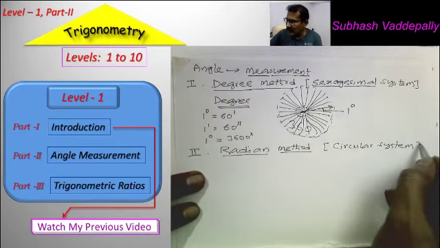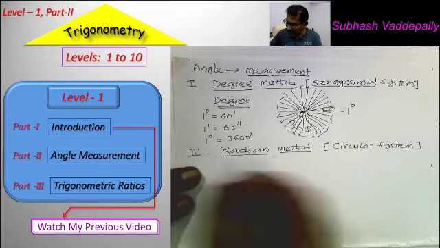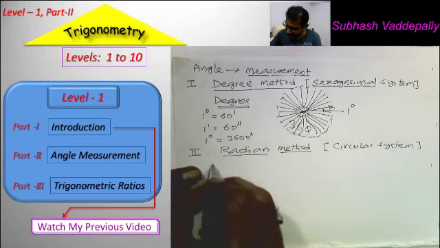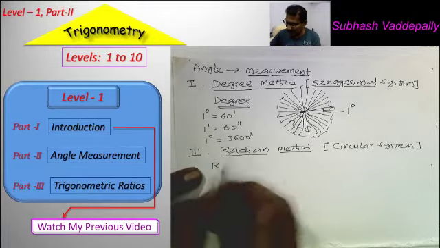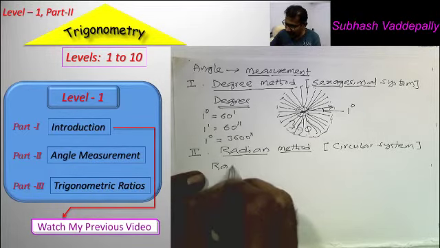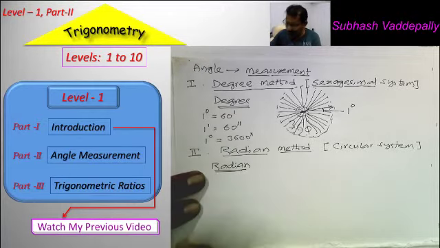I'll explain why it is called the circular system in the same video. Here in the radian method, radian is the main unit, as degree is the main unit in the degree method. Let us see what this radian is.